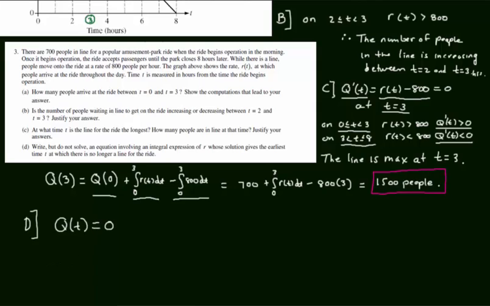Q of t function will be 700 plus the integral from 0 to t, r of, I need a dummy variable, let's call it again u, minus 800 times t. And we want to see when that will equal 0.